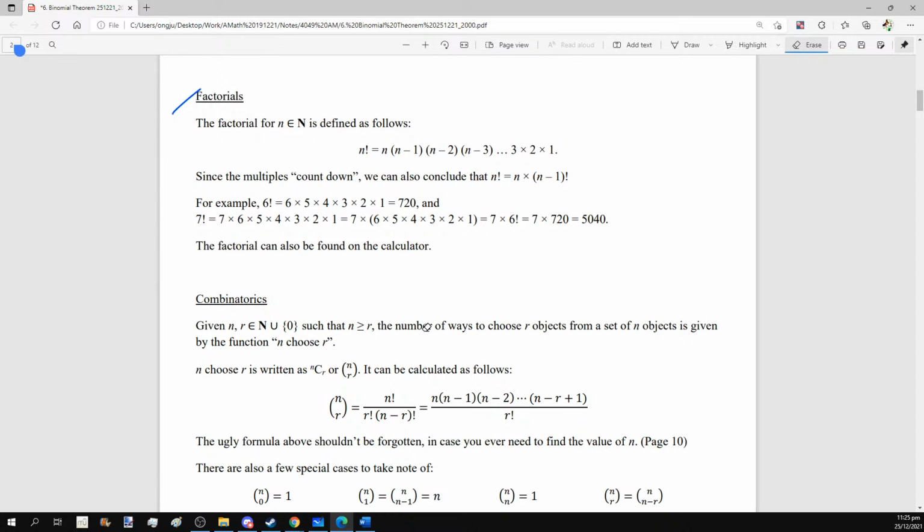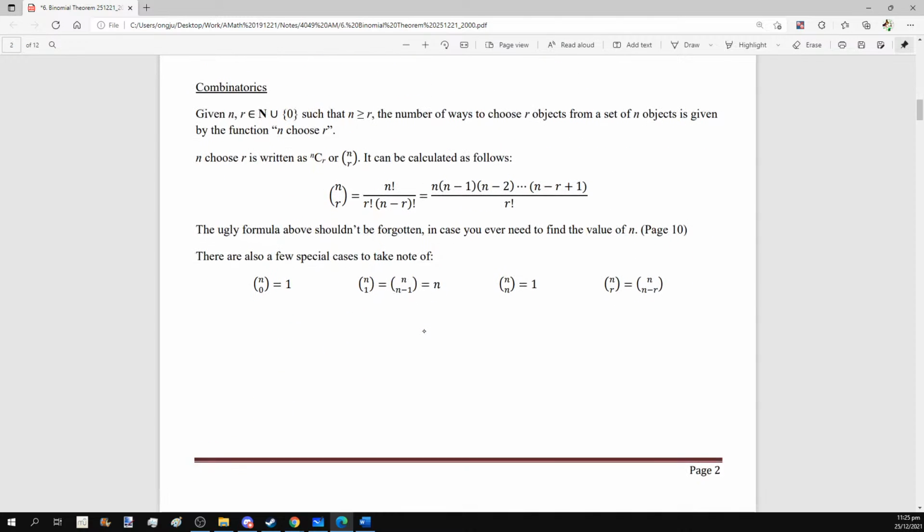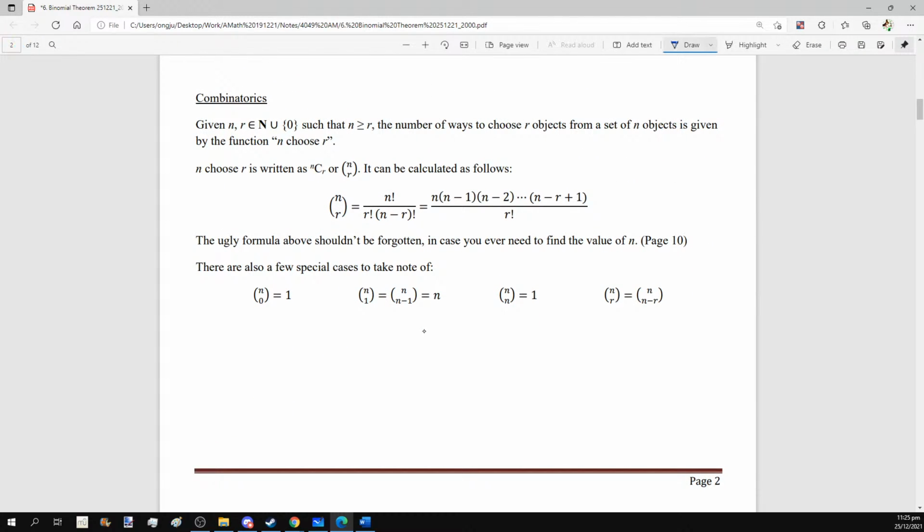Another preliminary idea we need to be aware of is the concept of combinatorics. If I have two different numbers, preferably whole numbers, right? We are dealing mostly with whole numbers in this topic. I can actually write something known as n choose r, which will be written nCr or n bracket r, right? So it could be written like this, it can be written like that.